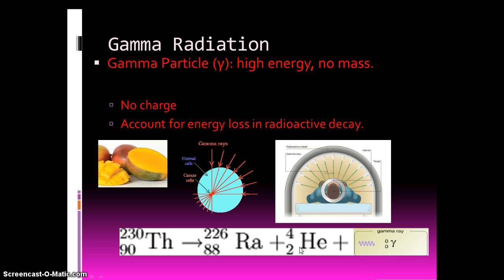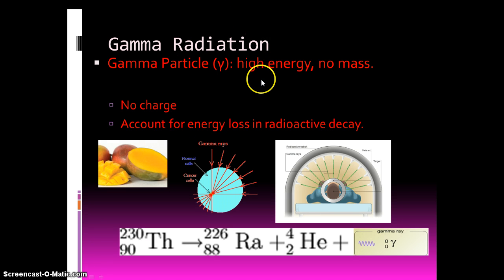Okay, the last one is probably the easiest. The last one is gamma radiation, and this is the Greek letter for gamma. A gamma particle is really, really high energy, but it doesn't have any mass, or a mass that's so low it doesn't really affect anything. It's also neutral. There's no charge on my gamma particle, and basically gamma radiation is present anywhere, for the most part, in a nuclear reaction.